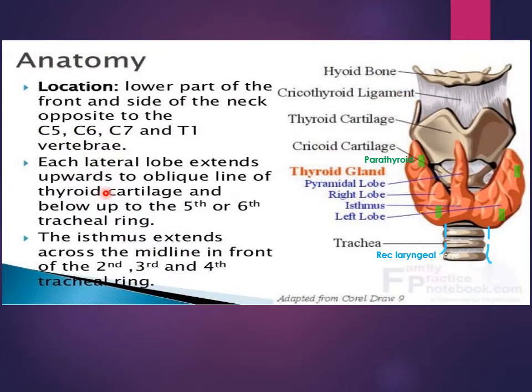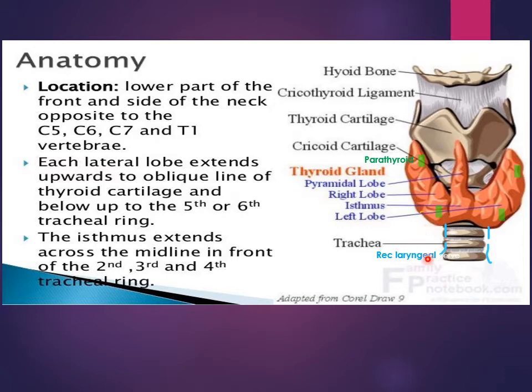Next, we come to the anatomy of the thyroid proper. Okay, you can see the thyroid consists of two lobes and a middle lobe known as a pyramidal lobe. There are four parathyroid glands, the superior and the inferior, which are closely related to the upper and the lower lobes respectively.